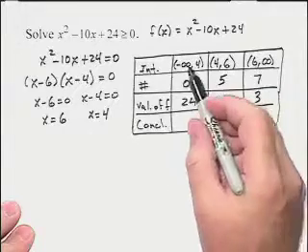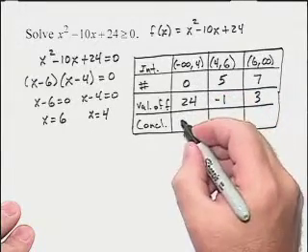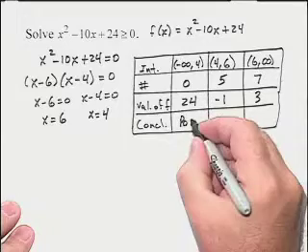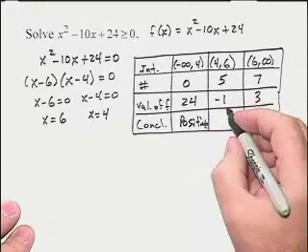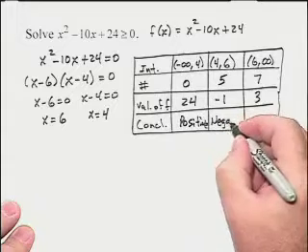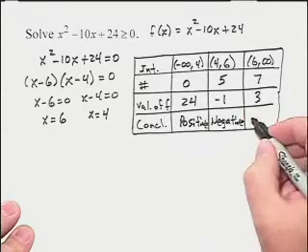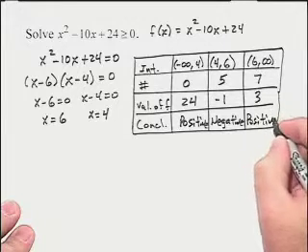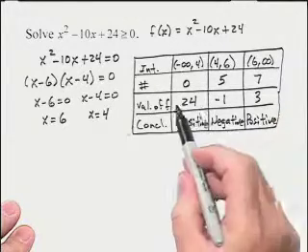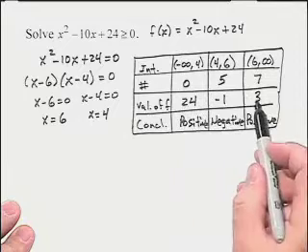What we conclude then is on the first interval, the value of the function is always positive. In the second interval, the value of the function is always negative. And in the third interval, again, the value of the function is always positive. We determine that by the value here. This is positive, this is negative, and this is positive.